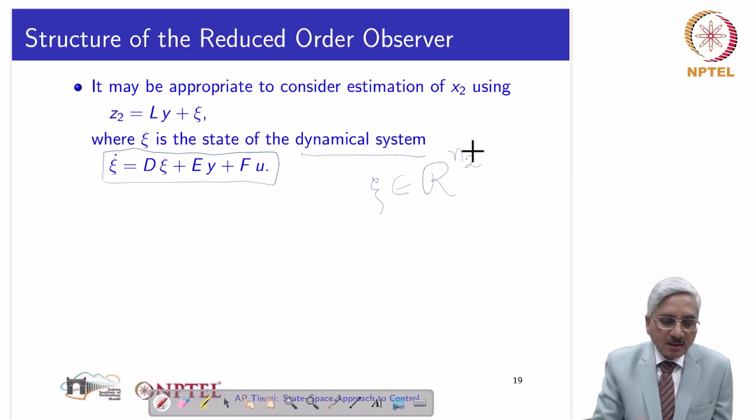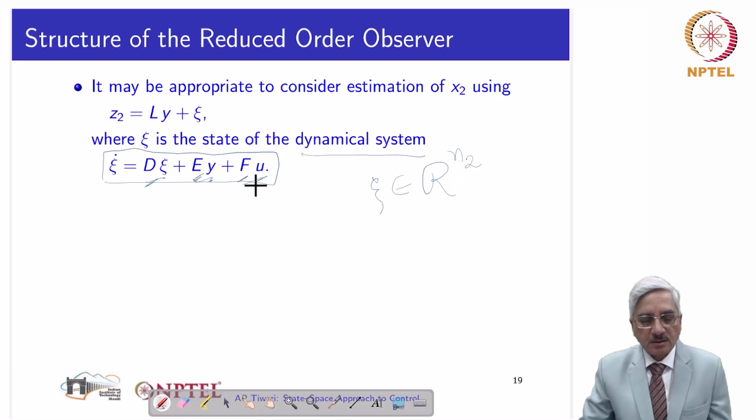We assume that it is characterized by this equation: xi dot is D xi plus E y plus F u. D is the system matrix, E is the input matrix corresponding to the output, and F is the input matrix corresponding to the input of the system. y and u are both inputs as far as the observer is concerned.